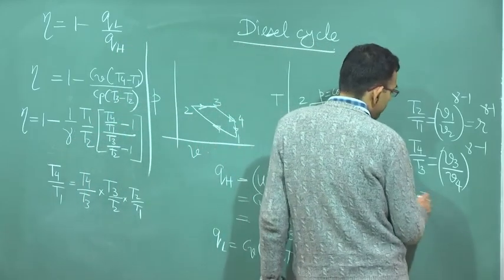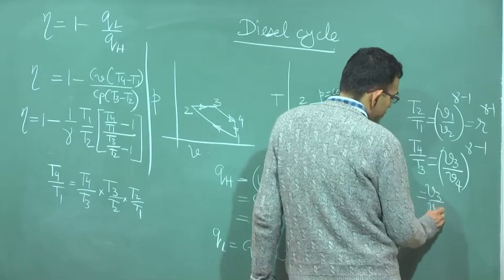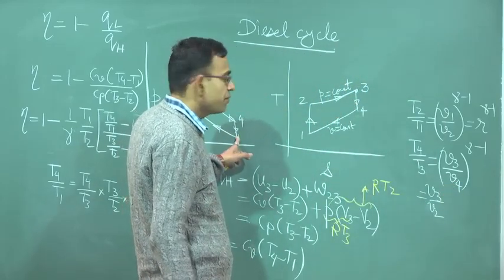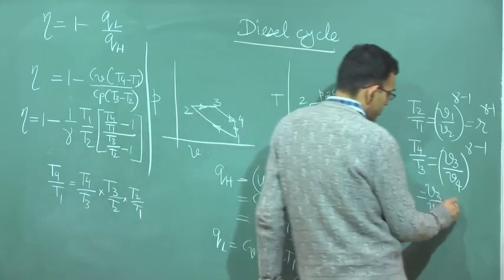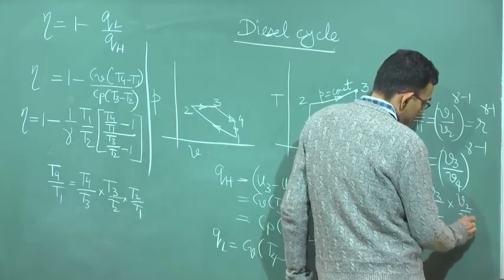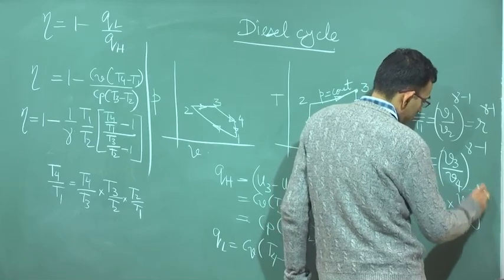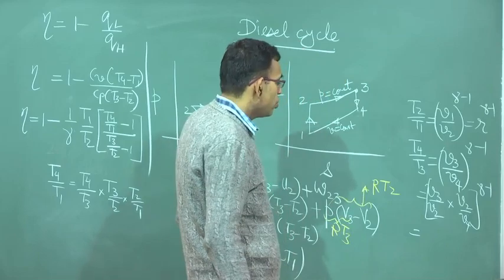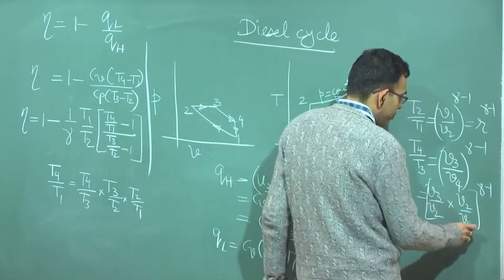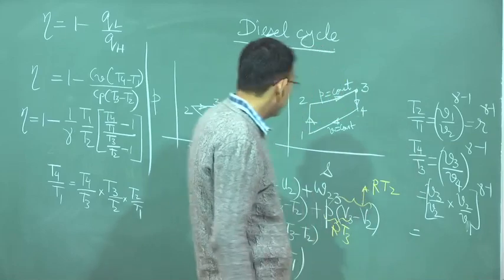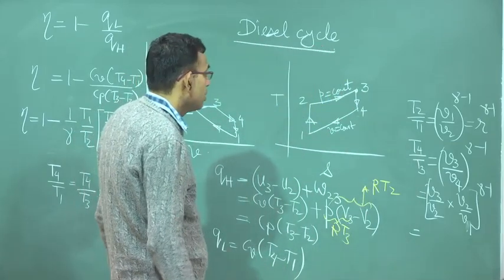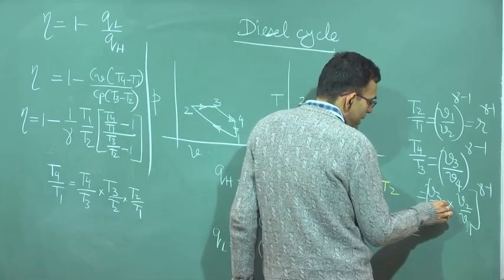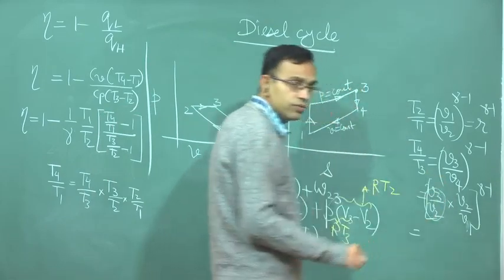V3 by V4 is V3 by V2 into V2 by V4. V2 by V4 is the same as V2 by V1, because V4 is the same as V1. Now before that, what is V3 by V2?